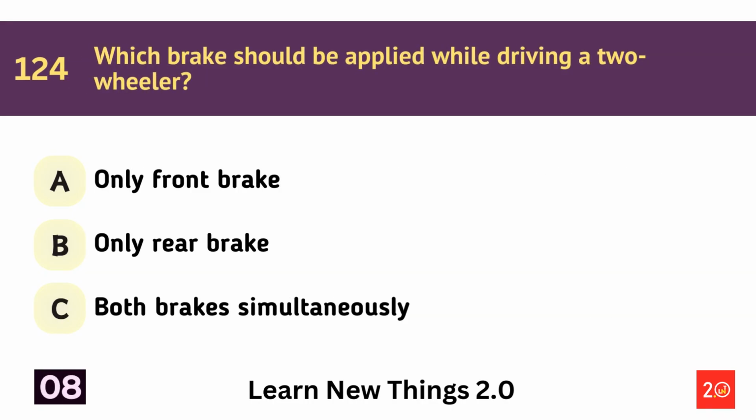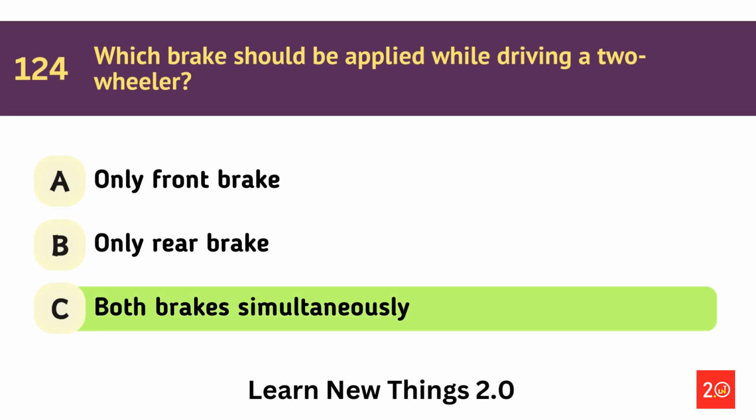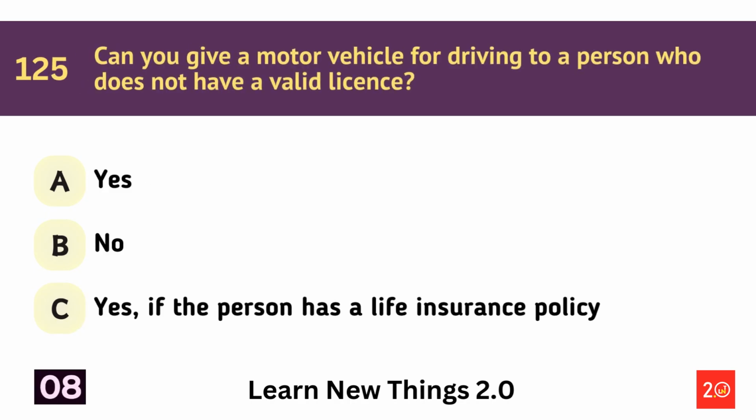Which brake should be applied while driving a two-wheeler? Both brakes simultaneously. Can you give a motor vehicle for driving to a person who does not have a valid license? No.